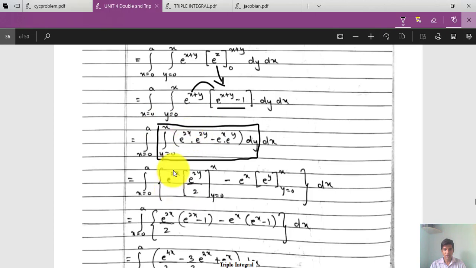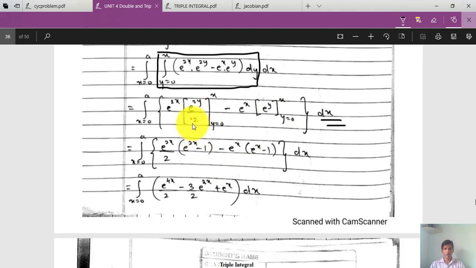Again I take this integral and evaluate it keeping x as constant. e raised to 2x is constant, so e raised to 2y divided by 2 over the limit y equals 0 to x, and minus e raised to x times e raised to y over the limit 0 to x, dx. The 1 by 2 I have taken outside; substituting y, it becomes e raised to 2x minus 1.